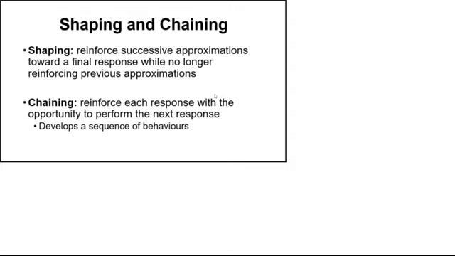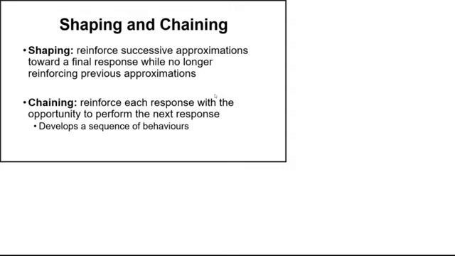And close to that, we can also talk about the idea of chaining. And this is when you have a behavior that the animal can perform, and instead of immediately reinforcing their behavior, you would give them the opportunity to perform a second behavior. And so maybe instead of just pressing the lever on the left side of the cage, maybe they have to press the lever on the left and then the lever on the right before they get food.